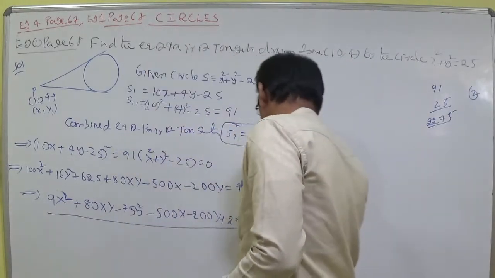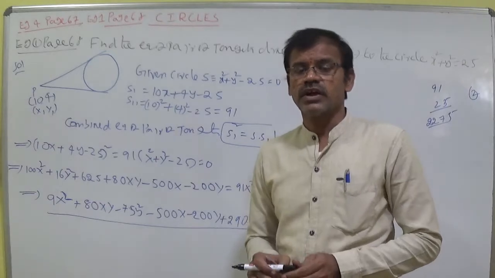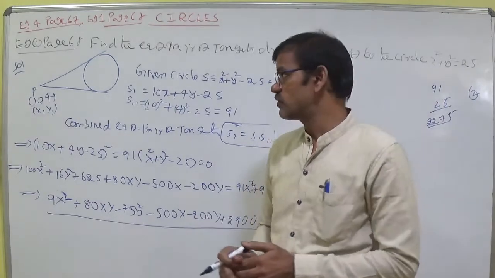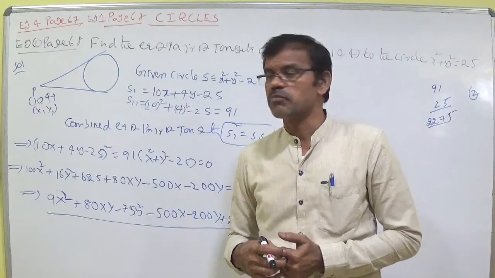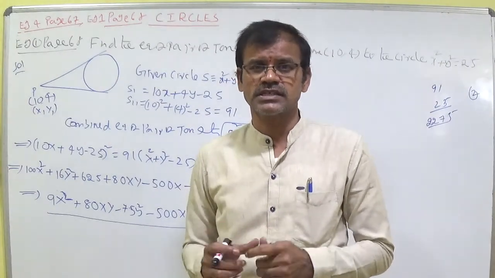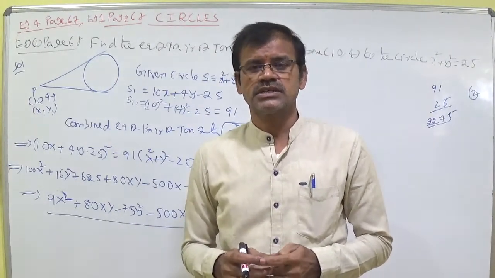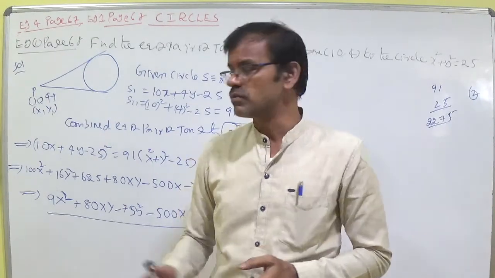This is the example. Sometimes he can ask to find the angle between the pair of tangents. According to the pair of straight lines concept, a pair of lines not passing through the origin is the second degree general equation ax square plus 2hxy plus by square plus 2gx plus 2fy plus c equal to 0.